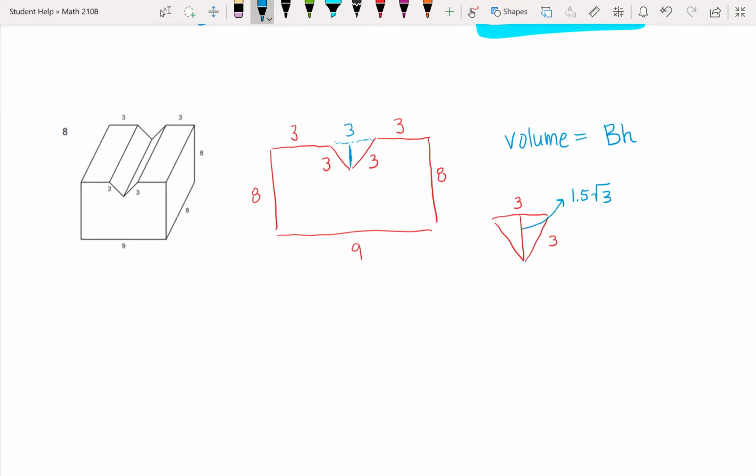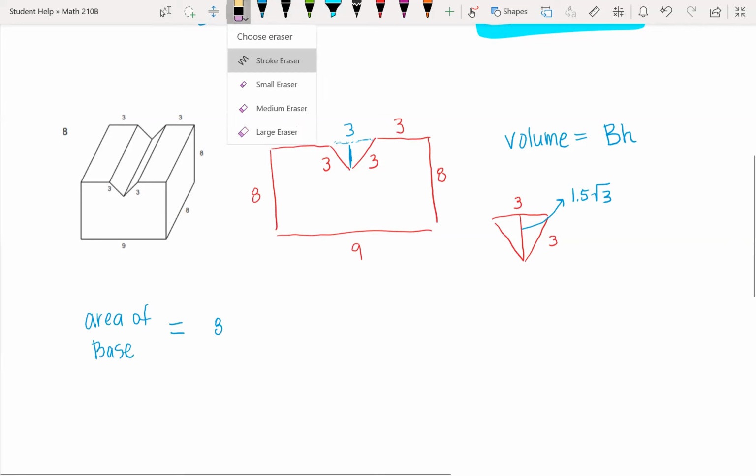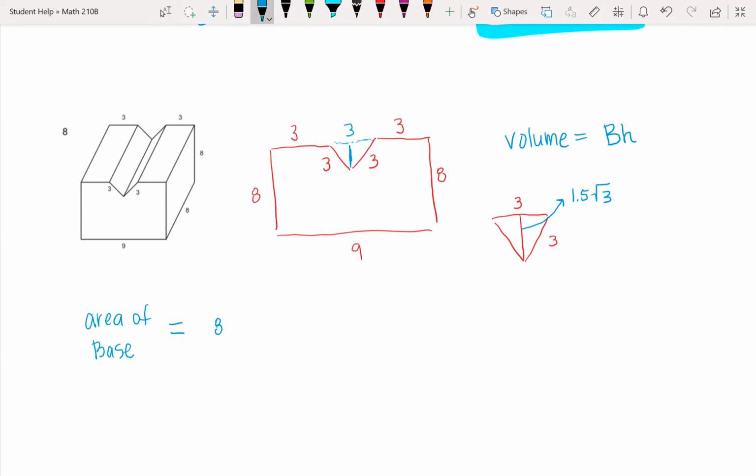Okay, so I think that the area of the base is going to be 8 by 9. That would be if I just multiplied and I had a rectangle.